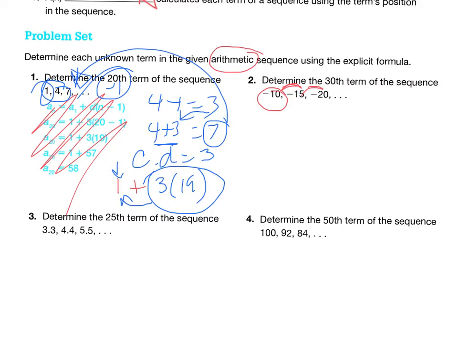So your formula was a to this one's the 30th term. So you want the first term, you're going to add the difference times 30 minus 1, which would be 29, okay? So what you're going to fill in here is that number here, and then the difference right here, and do the math. Okay, now you can pause it and do it.